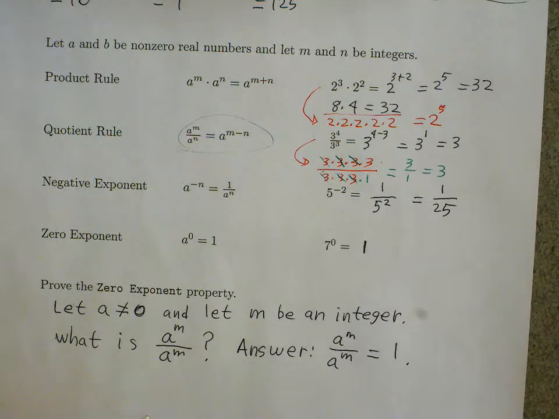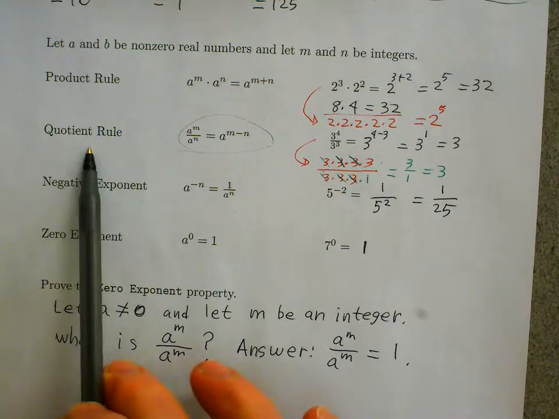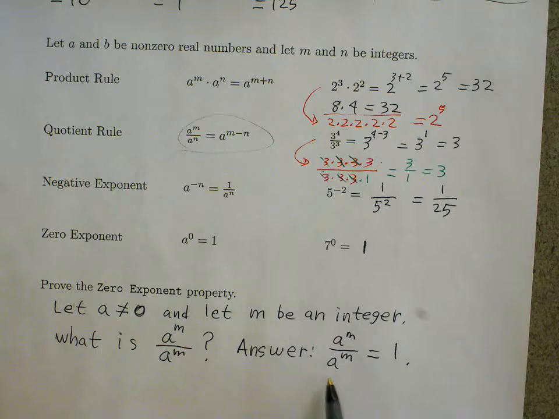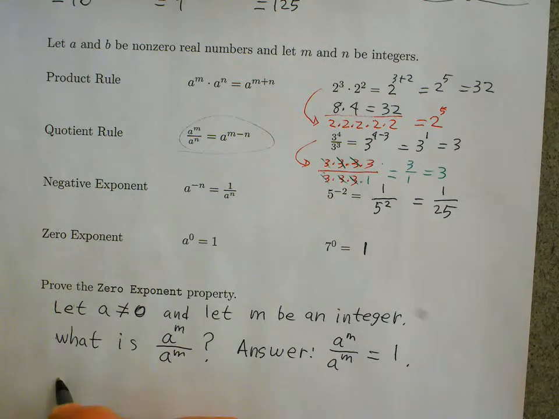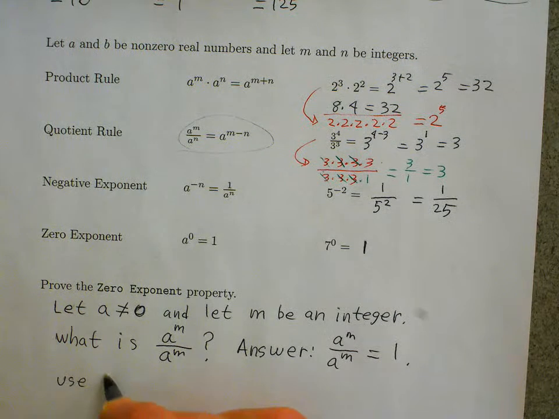Okay, now let's use the quotient rule to simplify a to the m divided by a to the m.